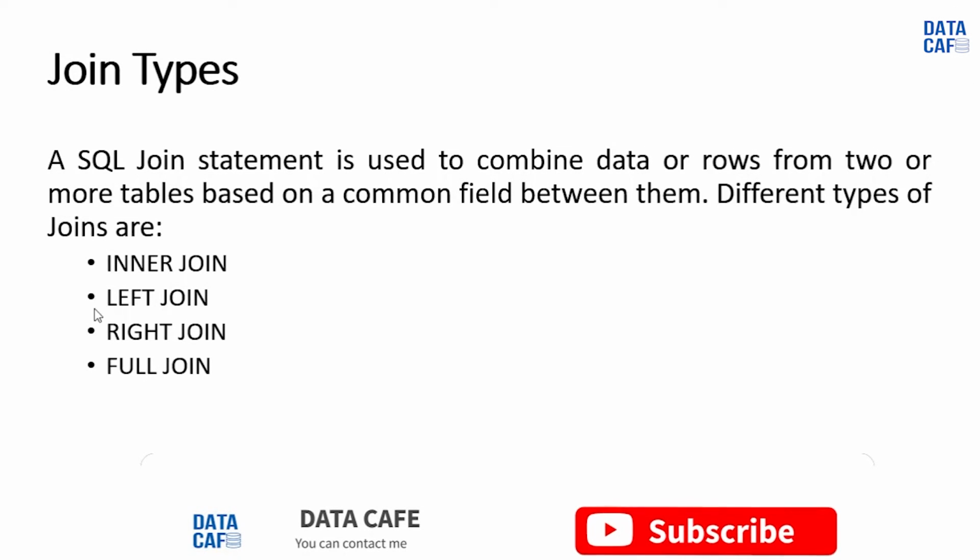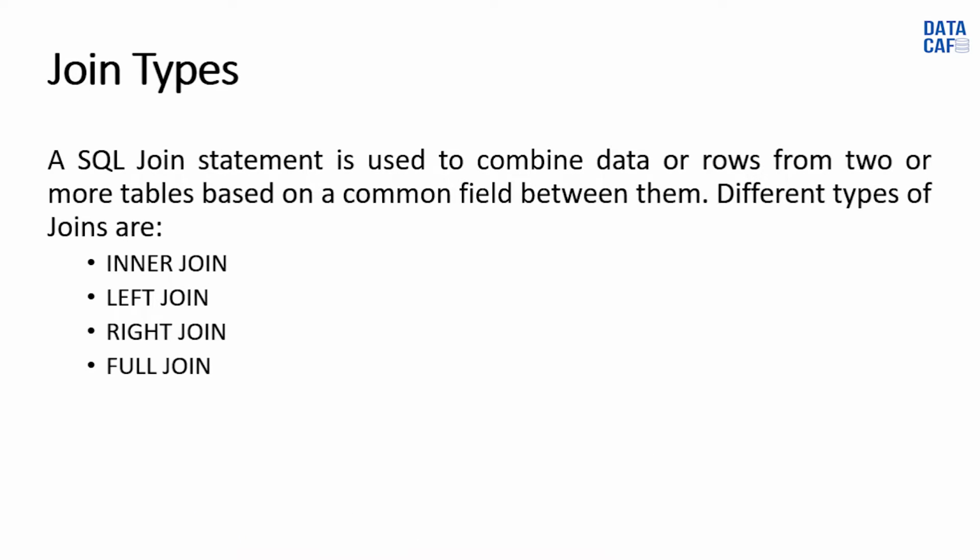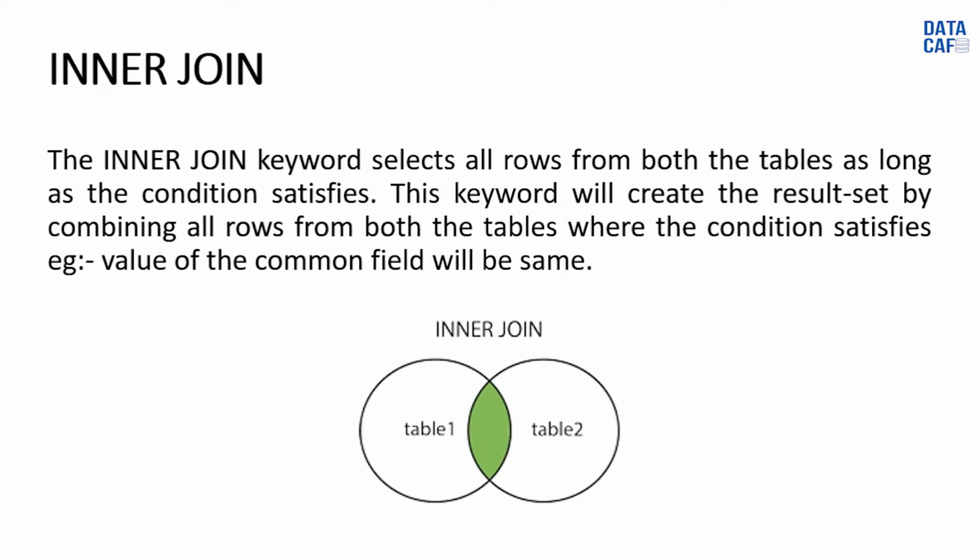So first we will see what is inner join. Basically the inner join keyword selects all rows from both tables as long as the condition is satisfied. This keyword will create the result set by combining all rows from both tables where the condition is satisfied. For example, the value of the common fields will be the same.